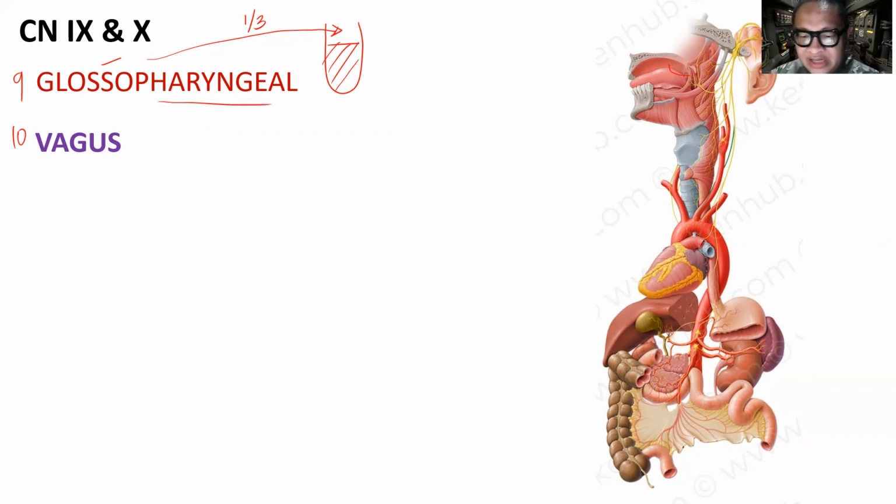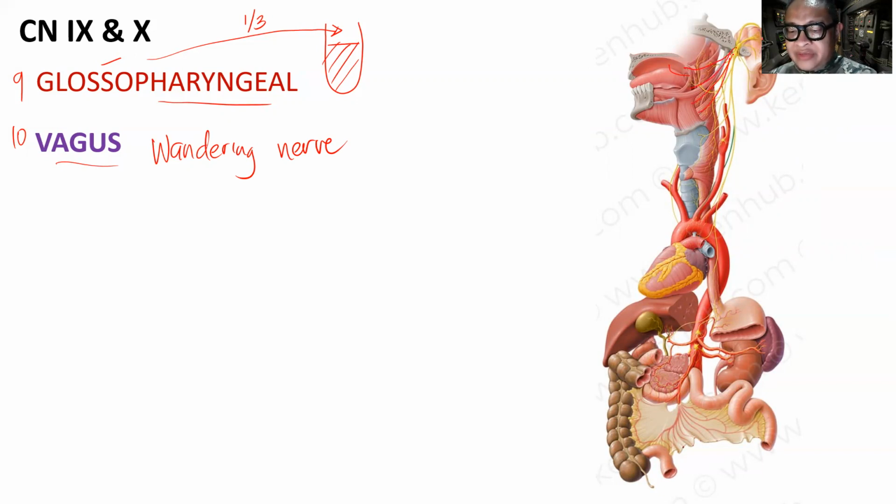Okay, and then you have your vagus. Now your vagus is also called your wandering nerve because just look at this. The screen covers it, but this is your vagus nerve. Look at this.